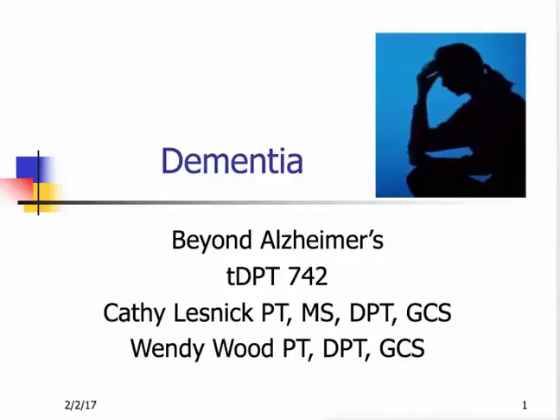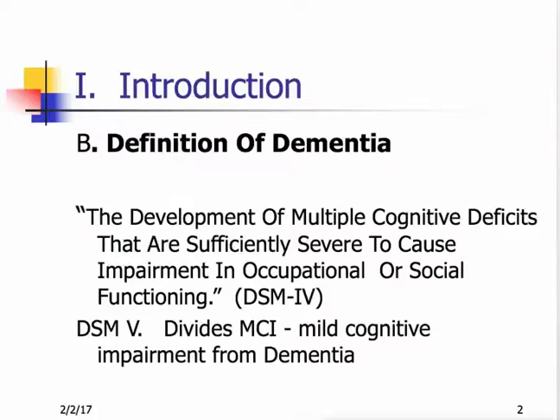So, to begin with the introduction of what dementia is, we'll talk about the DSM-4 and the DSM-5, and we want to talk about dementia as being a disorder of multiple cognitive deficits that are sufficiently severe to cause impairment in occupational or social functioning.